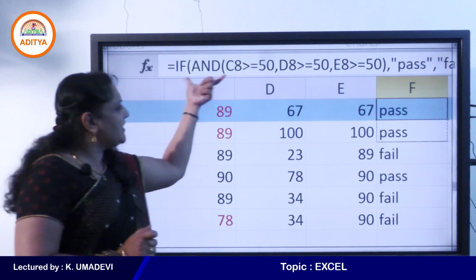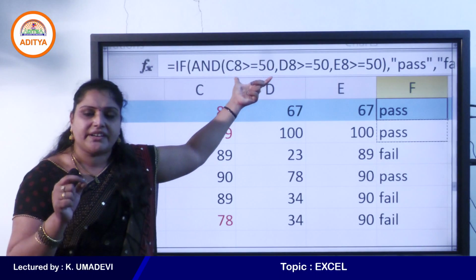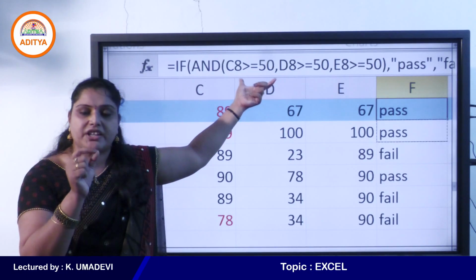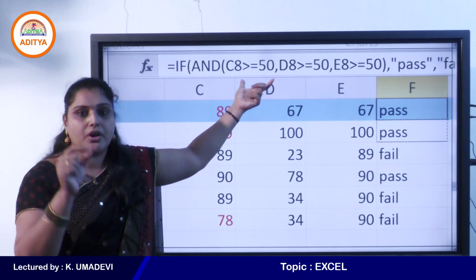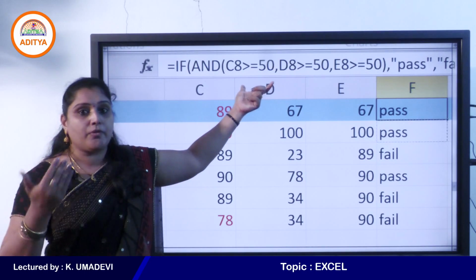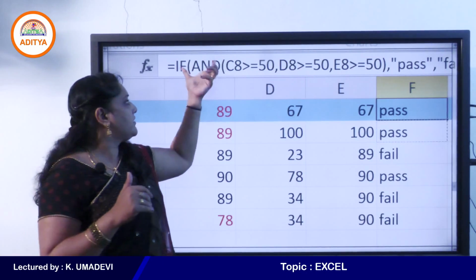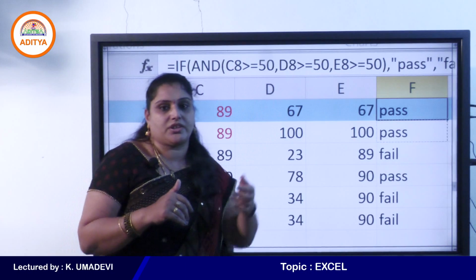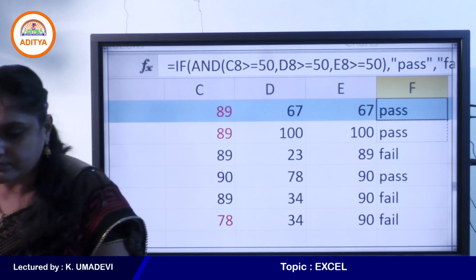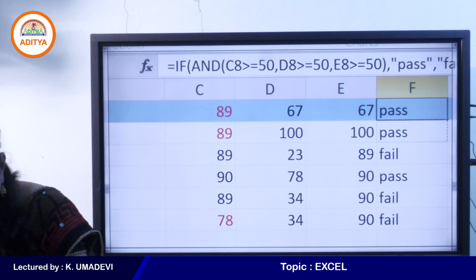So why? Because AND function individually returns either boolean value TRUE or FALSE. If you want to return our own text, simply use IF function. Okay? Clear? Pavitra, clear?